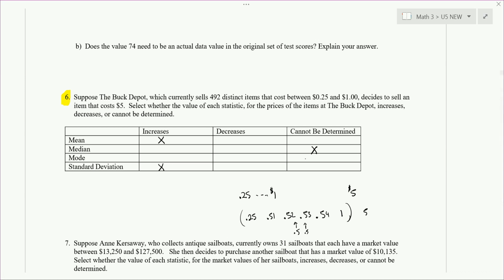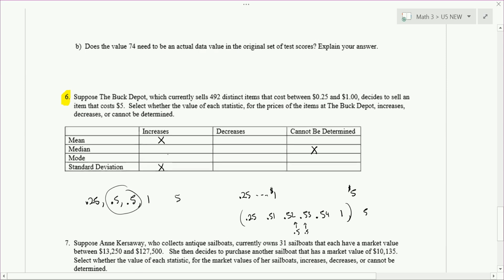The mode is the most occurring value, the value that repeats itself over and over again. If I had 0.25, 0.5, 0.5, 1, 0.5 would be the mode because it's repeating itself more than the other values. By just adding a new value in, it's not going to affect the mode at all. So the mode won't increase or decrease.